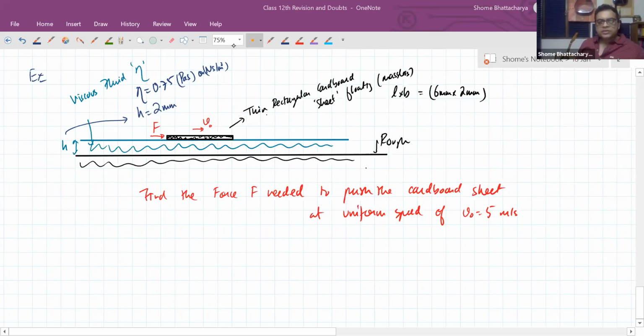Okay, people. So let's understand this question. What we'll assume is that the viscous liquid goes into a laminar flow, right?